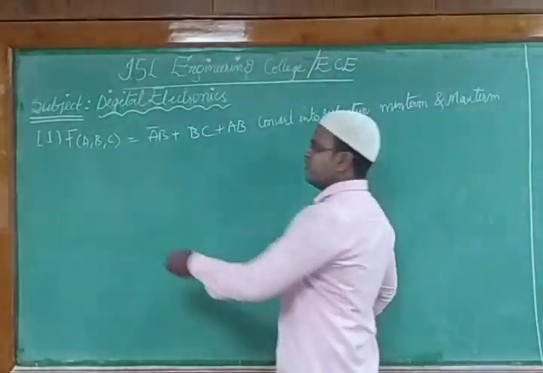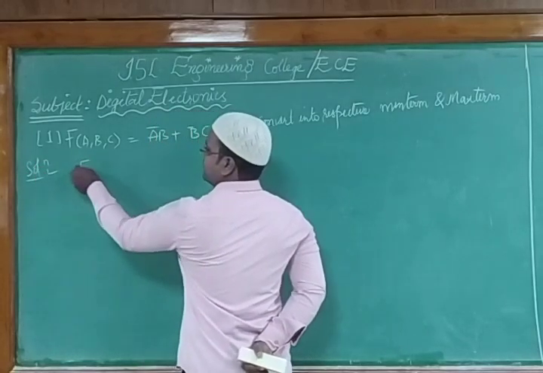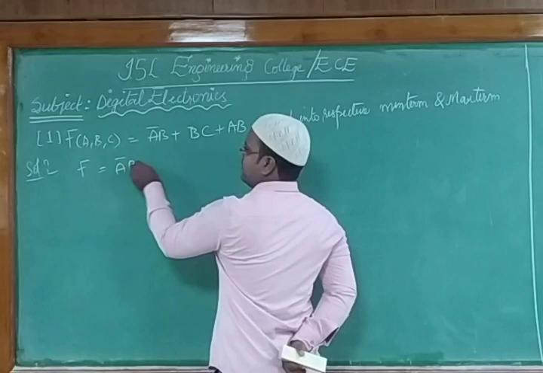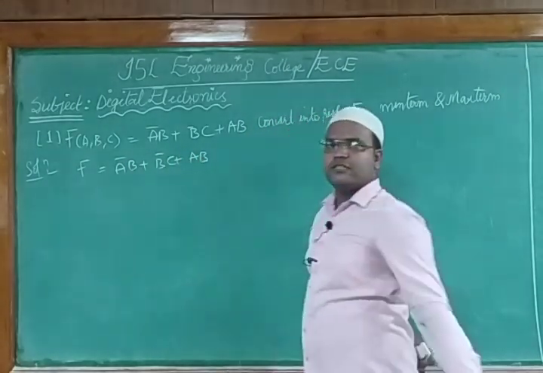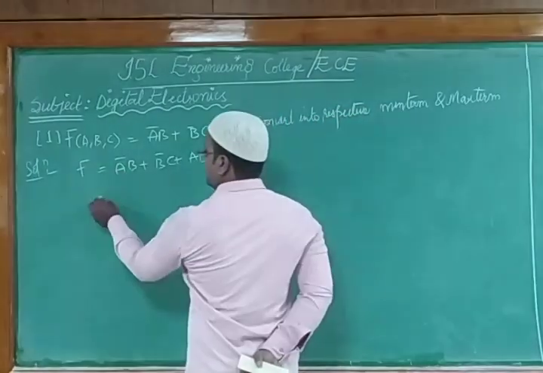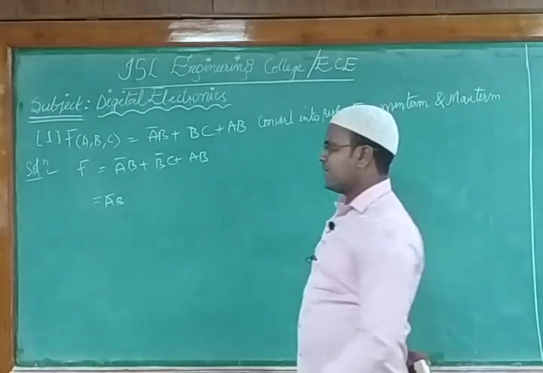In order to do this, we'll take the function. The solution would be f = a complement b plus b complement c plus ab. In the first term, ab is there, but we don't have a third variable.